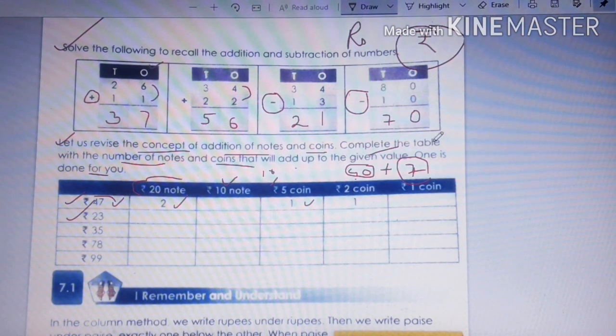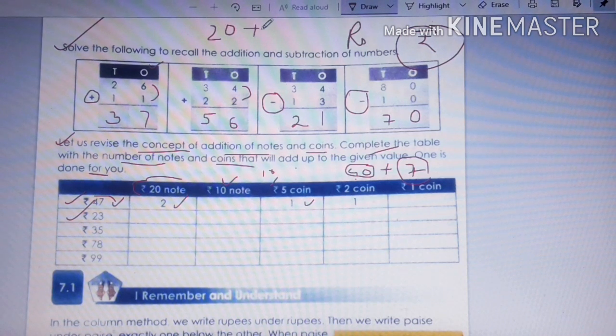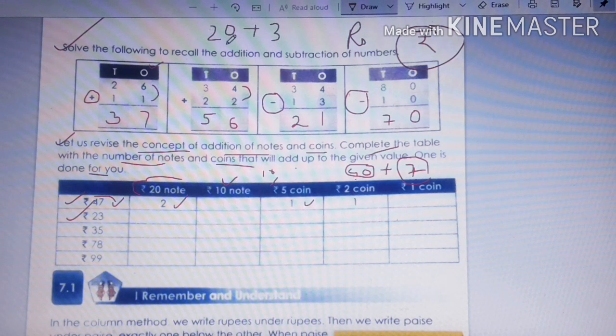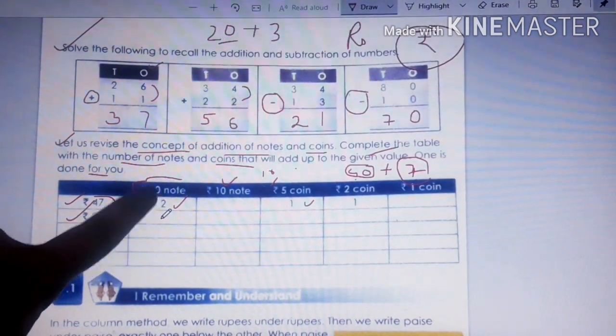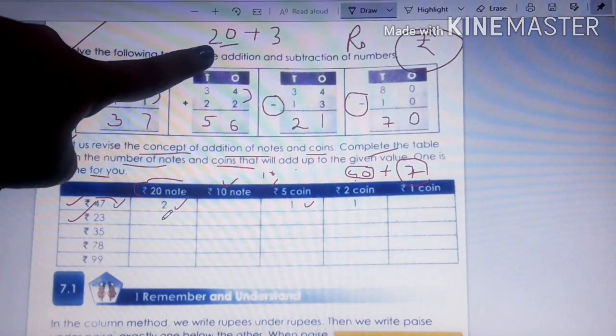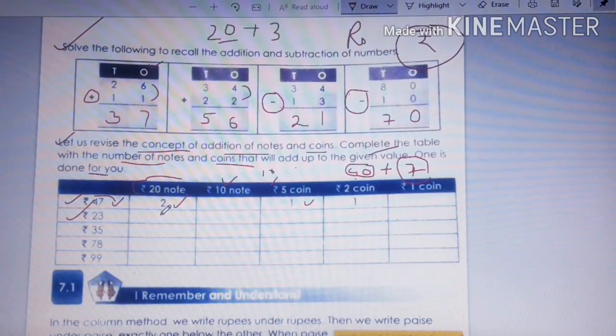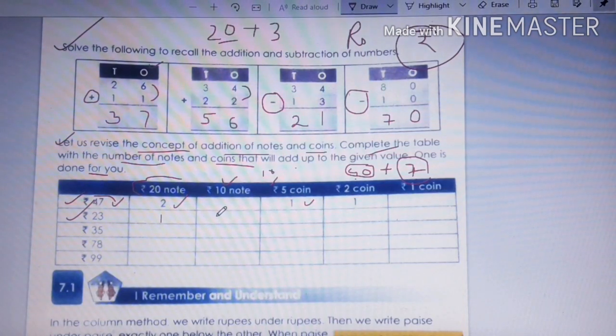Next you see 23. Now children, you just divide it into 20 and 3. So 23 is 20 plus 3. Clear? For this 20, you can take one note of 20. You can see 20 is there, so you will take one note and put the number 1.